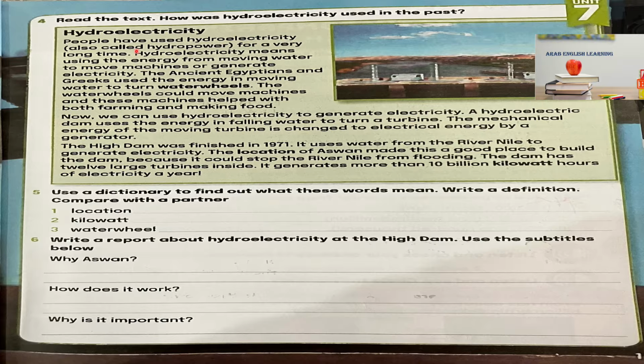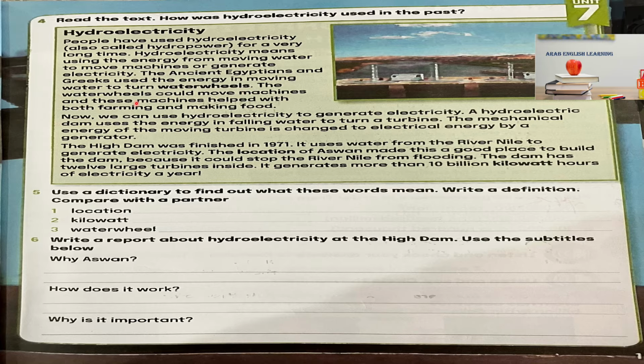Hydroelectricity. People have used hydroelectricity, also called hydropower, for a very long time. Hydroelectricity means using the energy from moving water to move machines or generate electricity. The ancient Egyptians and Greeks used the energy in moving water to turn water wheels.